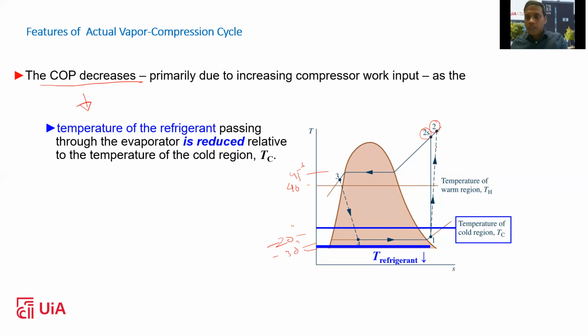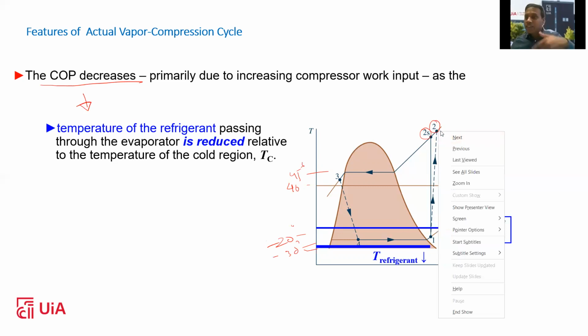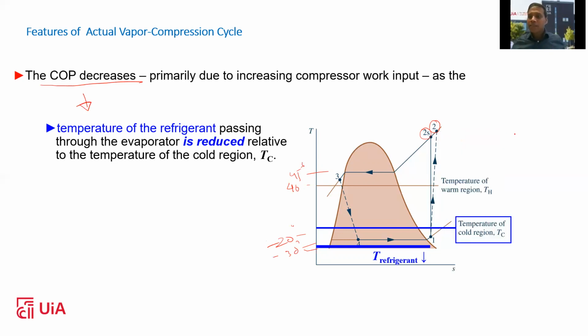So if the compressor needs to reach point 2, it might need more electricity to run the compressor. So that means W net will be increased. If W net is increased, that means COP will be decreased, because the correlation of COP is equal to QL divided by W net. So if this is increased, the COP will be decreased. So that's the correlation.